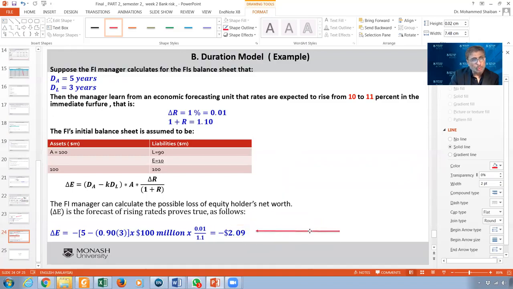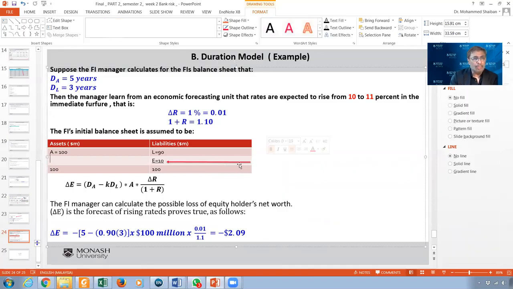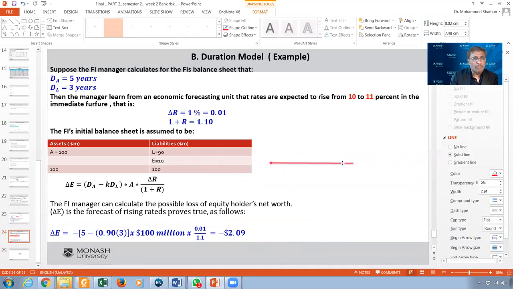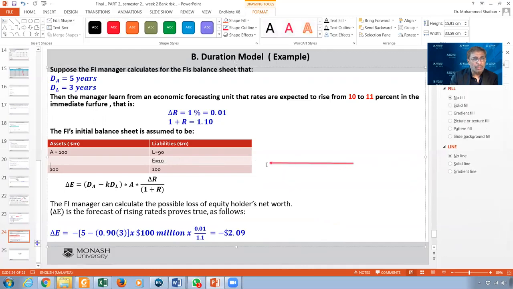The drop is 2.9 in my equity. So this equity now is not 10, but actually 10 minus this one.